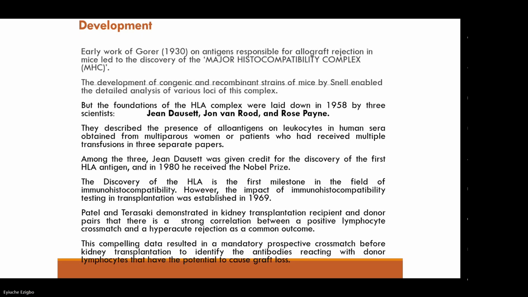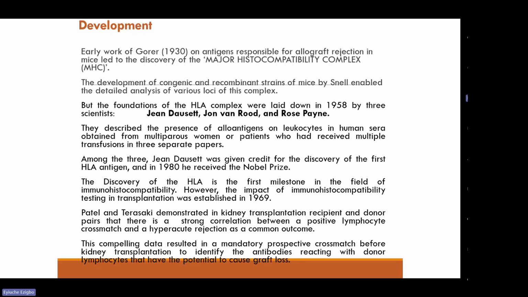Because of the immune reactions involved during pregnancy and also during blood transfusion, these scientists observed that the leukocytes of persons who had been pregnant multiple times, that is multiparous, had developed alloleukocyte antigens.